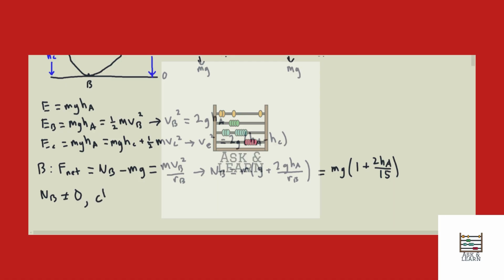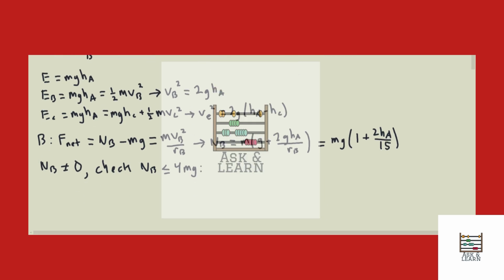And let's check the other one, for when N_B is getting to 4 mg. So we want the normal force at B to be less than or equal to 4 mg. We have that normal force at B is mg times 1 plus 2h_A over 15, and we want that less than or equal to 4 mg.